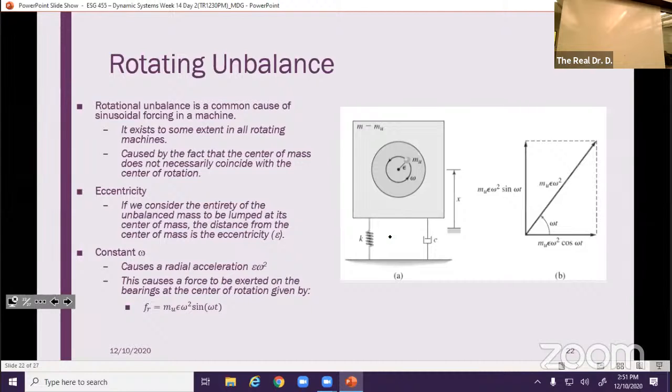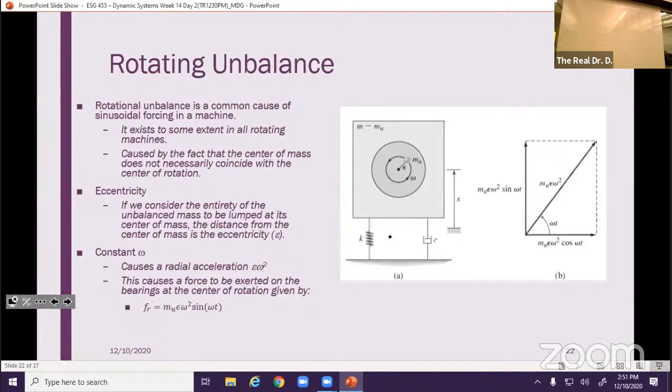All right. It's caused by the fact that the center of mass does not necessarily coincide with the center of rotation. When we talk about eccentricity, if we consider the entirety of an unbalanced mass to be lumped at its center of mass, the distance from the center of rotation is the eccentricity.